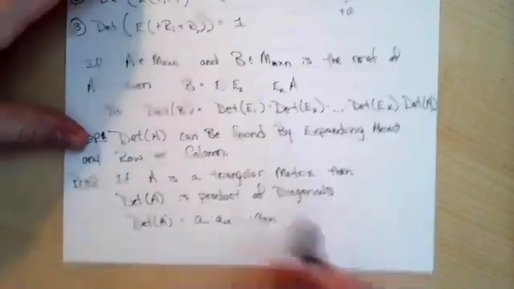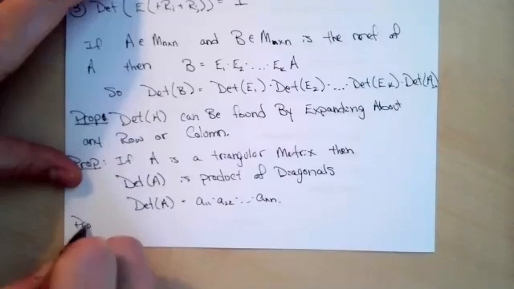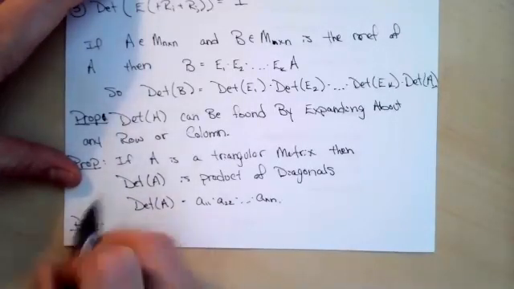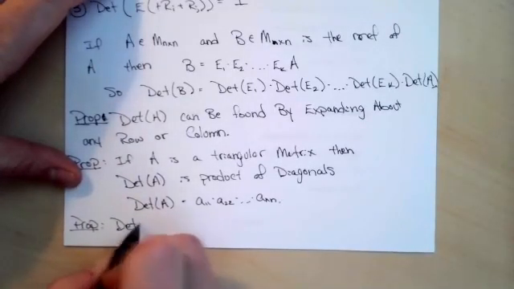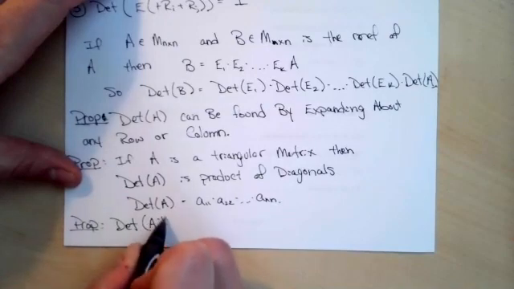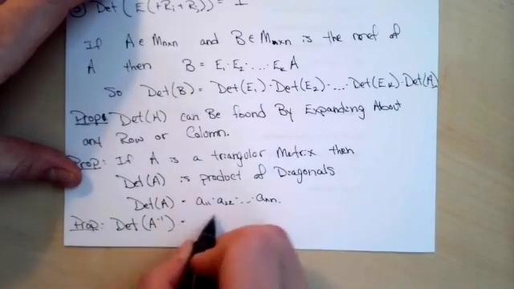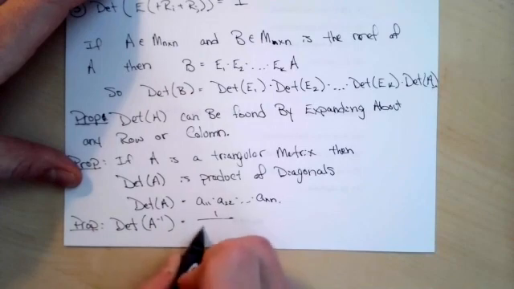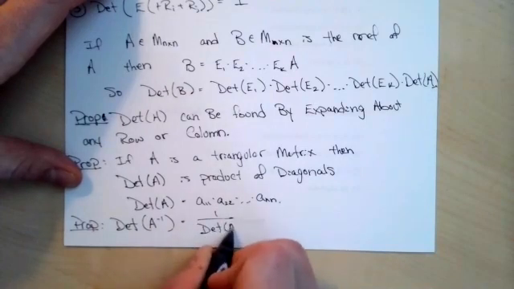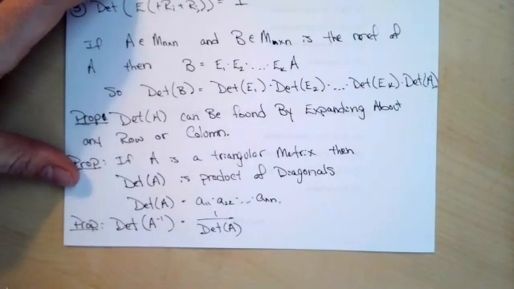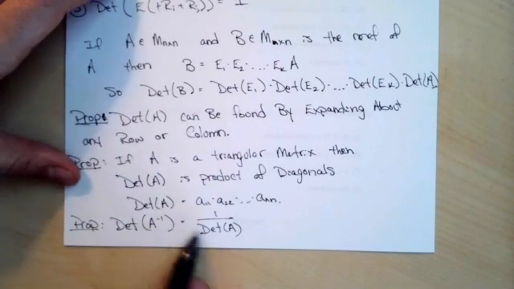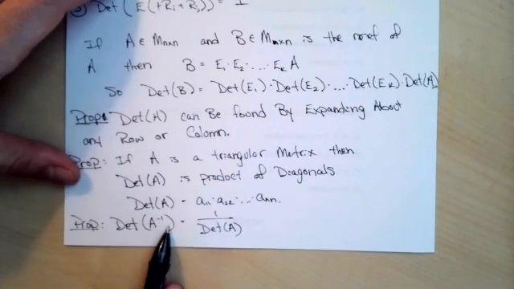We've got one more. So our other proposition is that if I try to take a determinant of the inverse of a matrix, it's just the multiplicative reciprocal of the determinant of that matrix. This one's fairly easy to show since I know that A inverse times A gives us the identity.